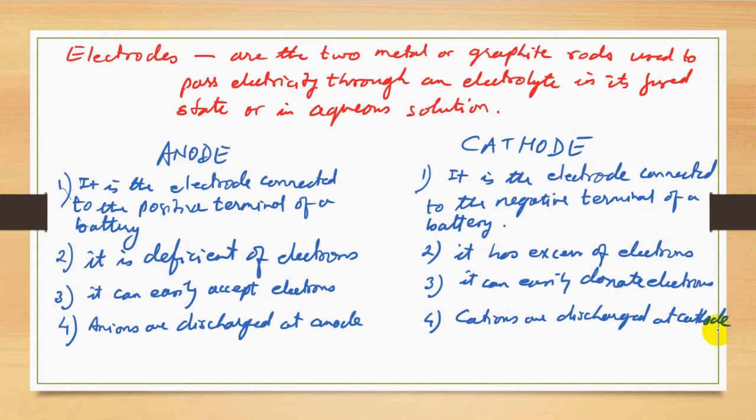Are you sure? Current flows from positive to negative. So if I take these two electrodes, what will happen? The current enters into the electrolyte through anode and it leaves the electrolyte through cathode. Clear?